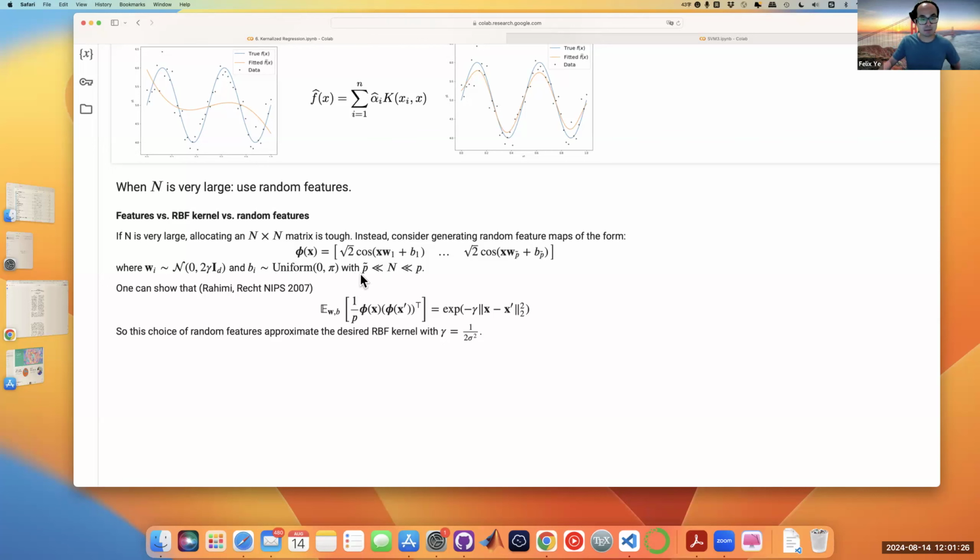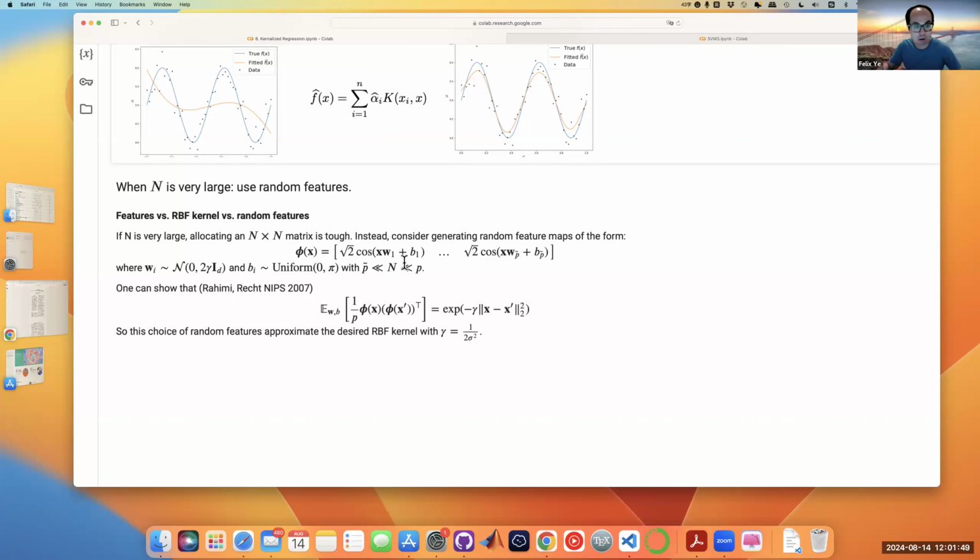In these cases, P right here, P2 right here, is significantly smaller than N. I think we choose about a couple thousand, which is significantly smaller than N.